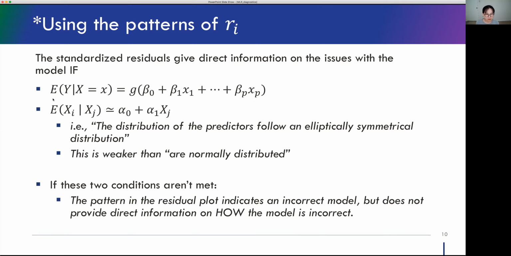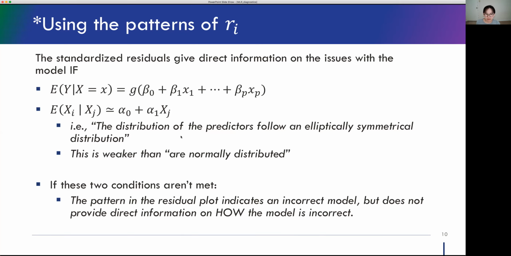This one is saying the conditional mean for y would be a function of this linear model. Like this g is a function, and this whole thing inside the bracket is the argument for this function. And the expectation of xi given xj would be a linear function of this xj.